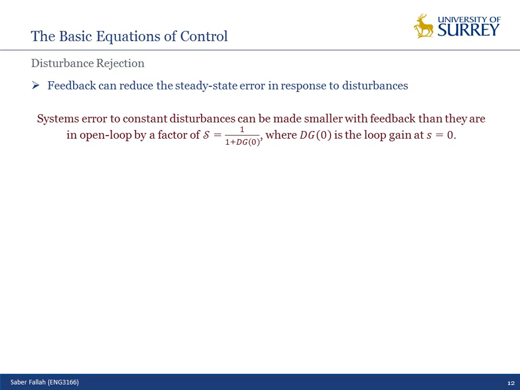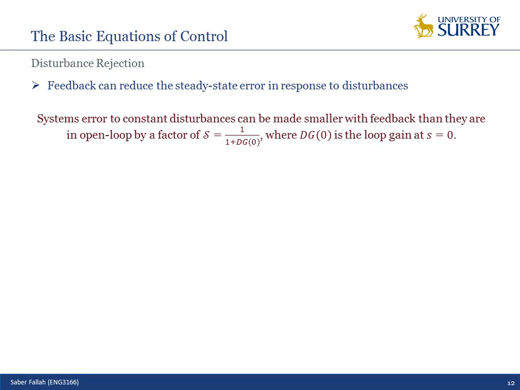Loop gain is dg, whatever you have in your feedforward path, or it is dgh when you have the closed loop system. If you look from after the summing point till behind the summing point, that is your loop shape or loop gain, which will be dgh in this case. If you have unity feedback, you will have dg. Okay, this is the loop gain.